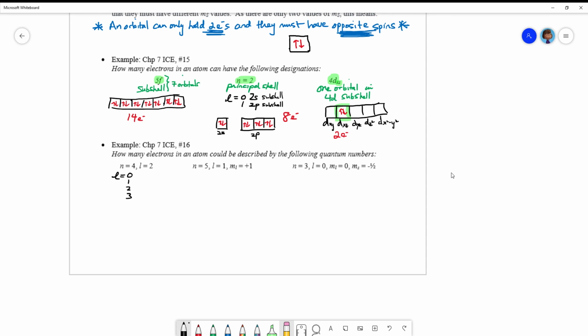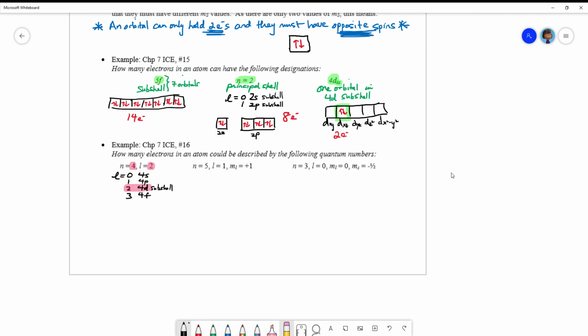In other words, n equals 4 has a 4s subshell, a 4p subshell, a 4d subshell, and a 4f subshell. Now, we're not interested in all of these subshells. In this problem, we're interested when l is equal to 2 and n is equal to 4. So we're just interested in the 4d subshell.